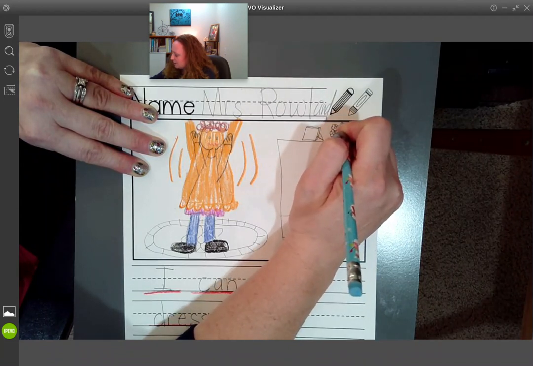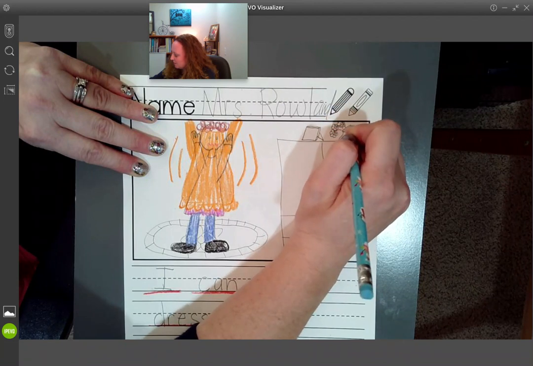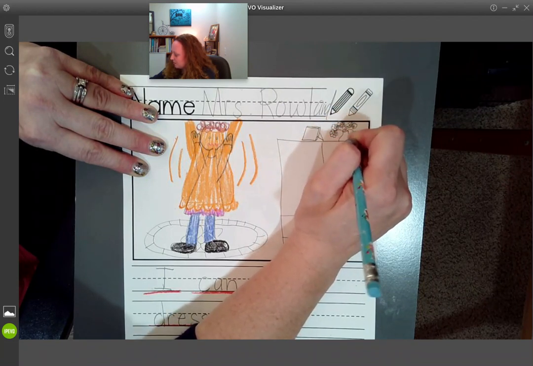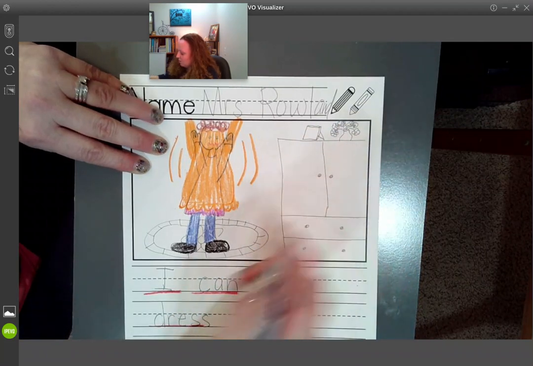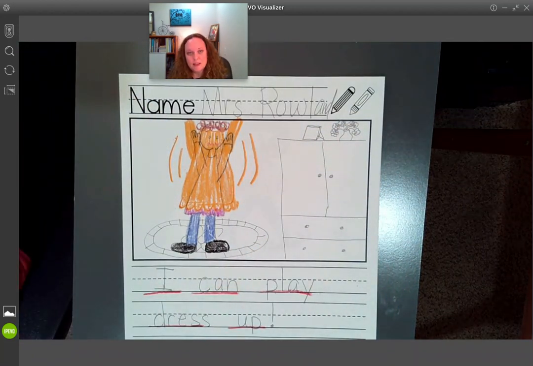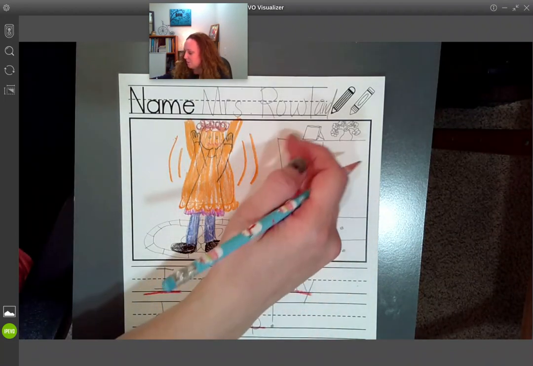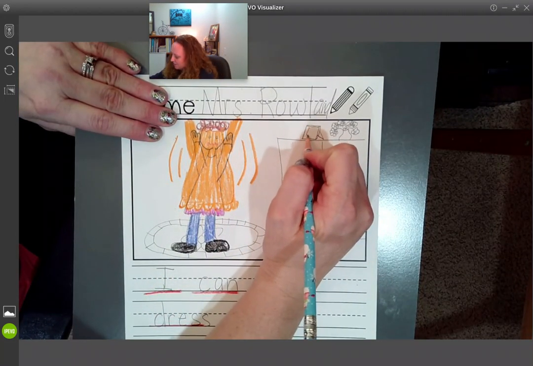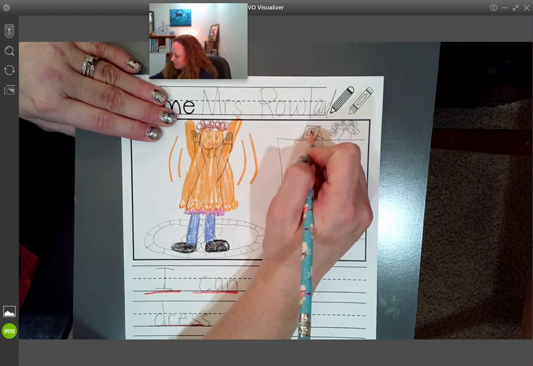I'm not just going to color them any way I want. I'm going to make sure I really add the detail. Now, hopefully, my readers can see that I'm in my bedroom. They can see my dresser and maybe a picture right here of someone in my family. Maybe it's a picture of my grandma.